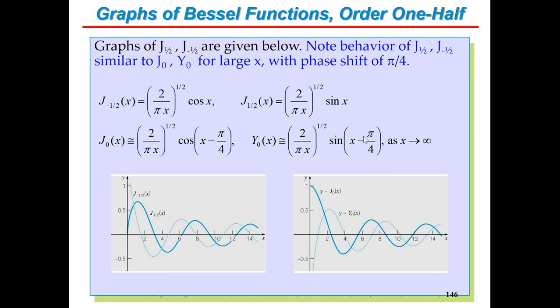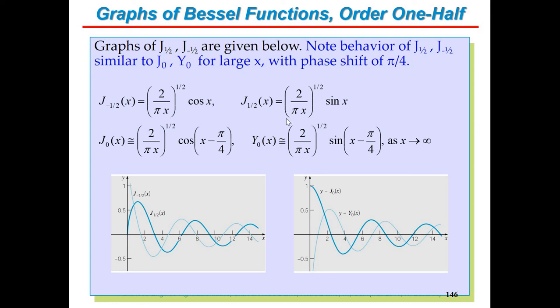And I remind you the asymptotic expressions, the approximations we had for the J0 and Y0 solutions for the Bessel equation of order 0. They also had a similar form, but with cosine of x minus pi/4 and sine of x minus pi/4.